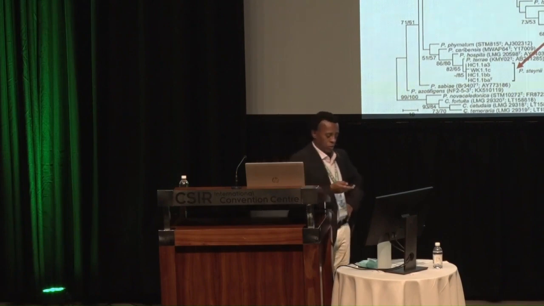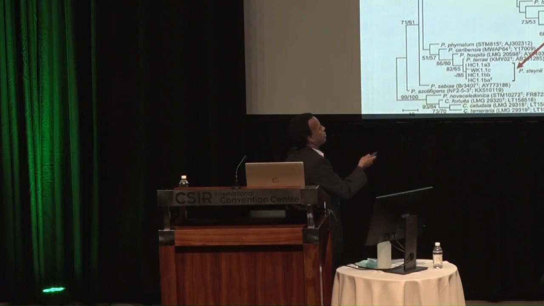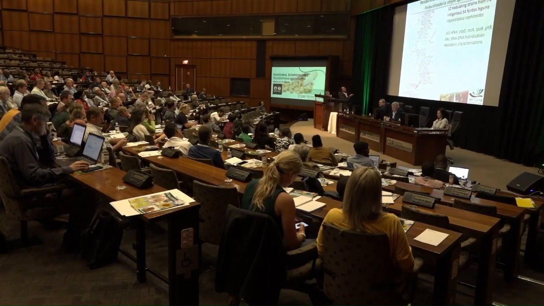These are the isolates that were tested, and as you can see from this phylogenetic tree, they have their own distinct clades. When they were tested using average nucleotide identity and DNA hybridization, they formed distinct groups of their own.